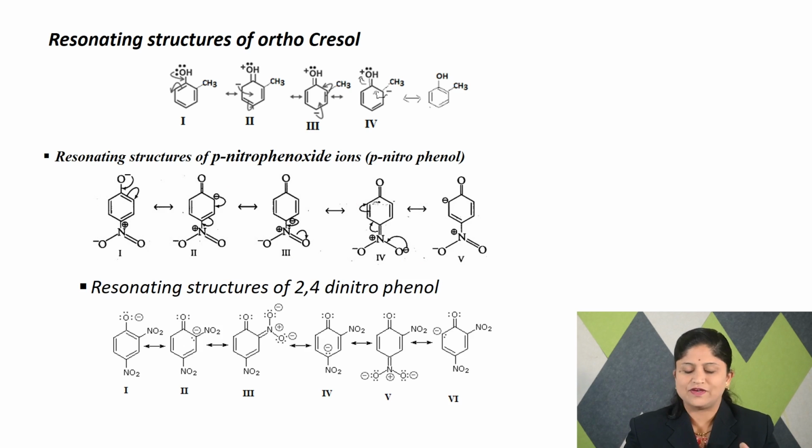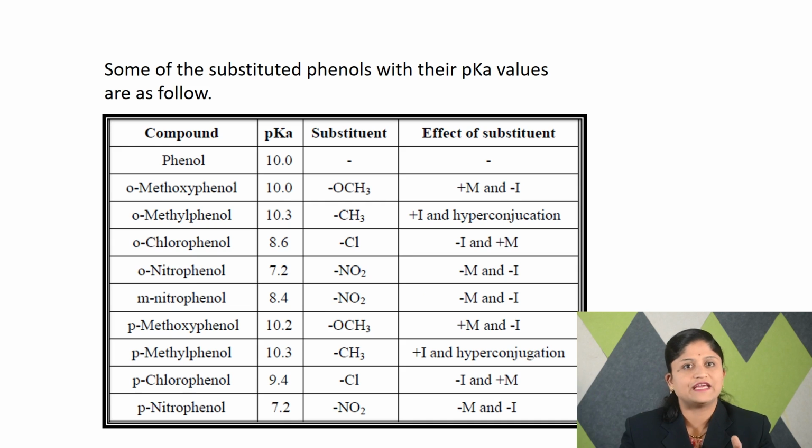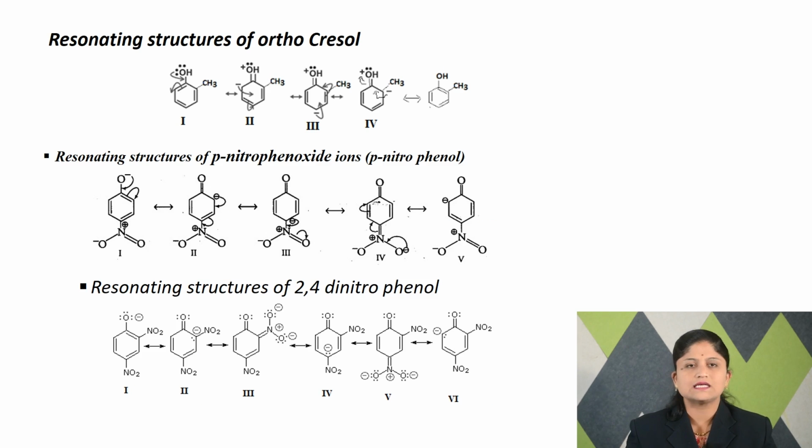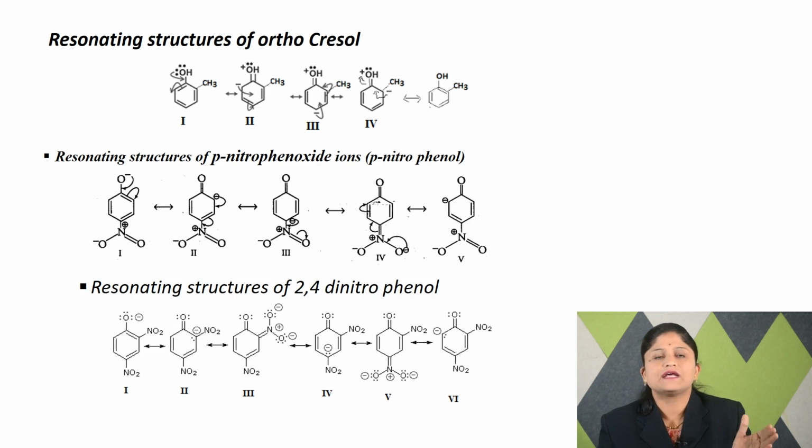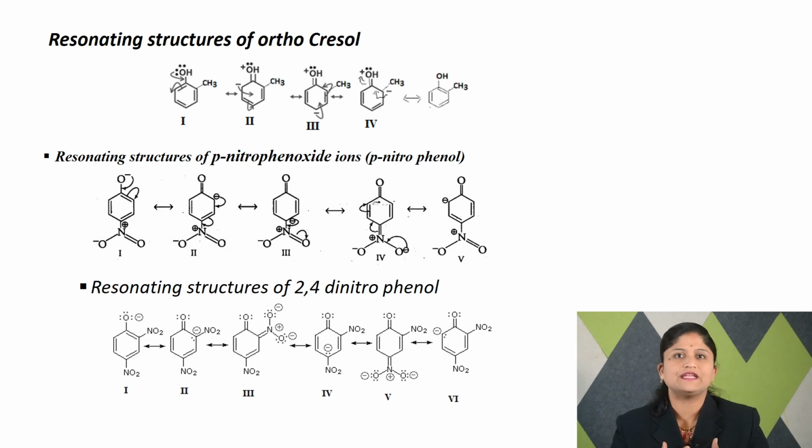Now, as we just discussed some of the derivatives of phenol, and as we discussed in the last slide the resonating structures of phenol, similarly these are some of the derivatives and their resonating contributing structures. For example, a resonating contributing structure of cresol.